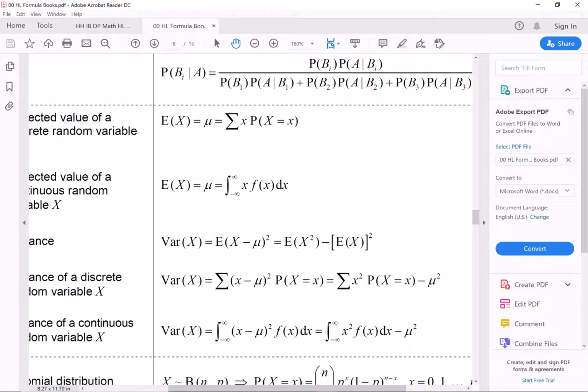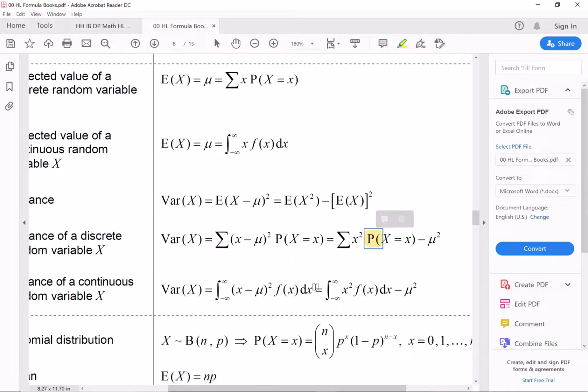Just recognize that the notation we've been using for this piece here is just p sub i. That's all this is, p sub i. So you do whatever squared times p sub i minus the mean squared. So hopefully you better understand these.